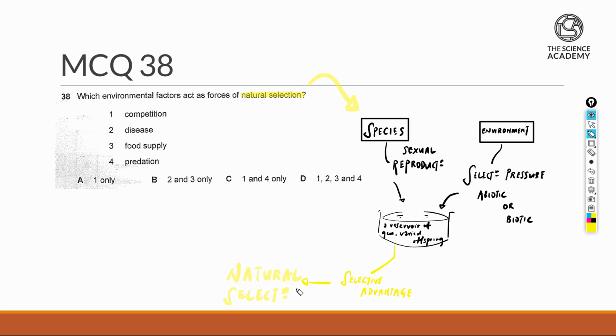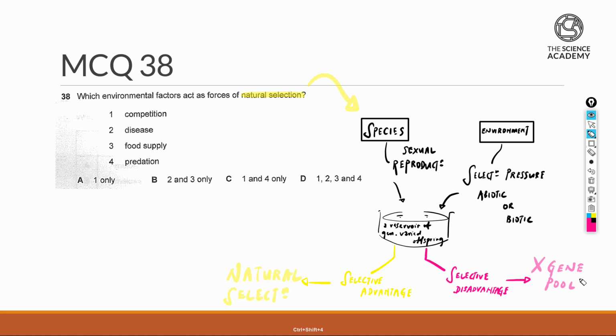But offspring that at that juncture have a selective disadvantage do not possess traits that are advantageous according to the current selection pressure. They will not be selected, and as a result, they will be eradicated from the gene pool. They're not going to be in the gene pool anymore. So in the next generation, less of that disadvantageous gene could be passed on to further generations of offspring.